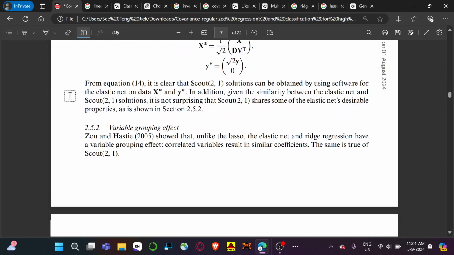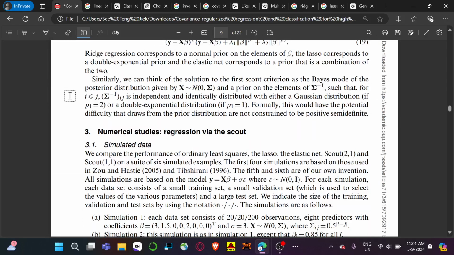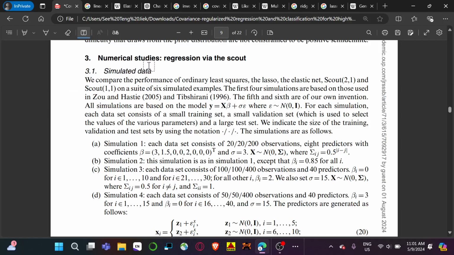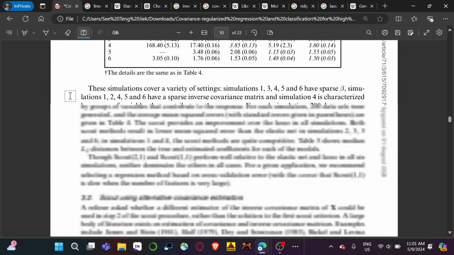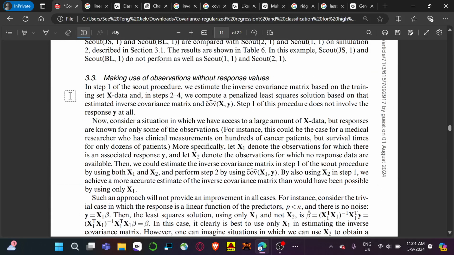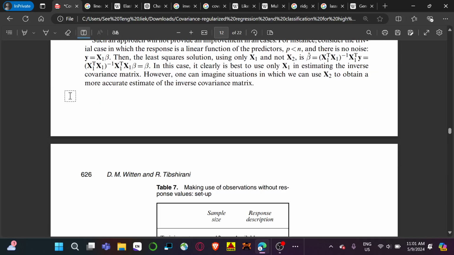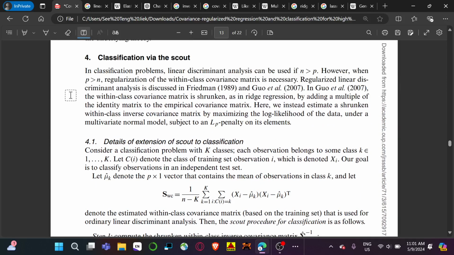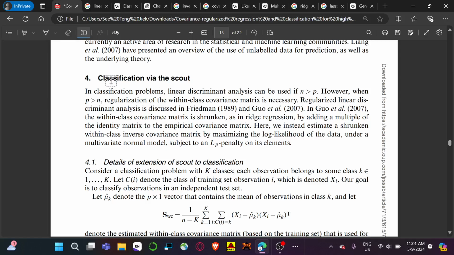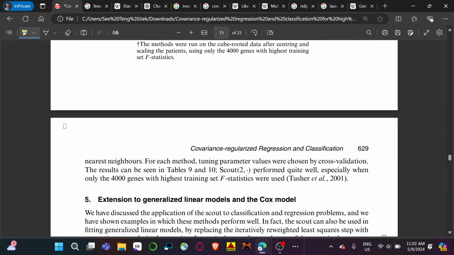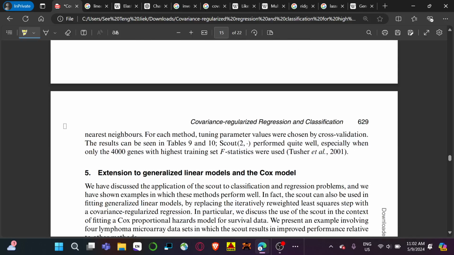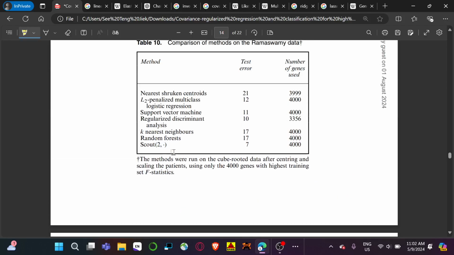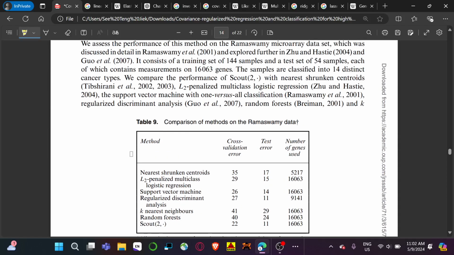There's a whole bunch of mathematical description and some numerical studies, simulations, if you will. Then they actually talk about classification, which is a use case, and then there's the genes. I think the gene data is somewhere around here.